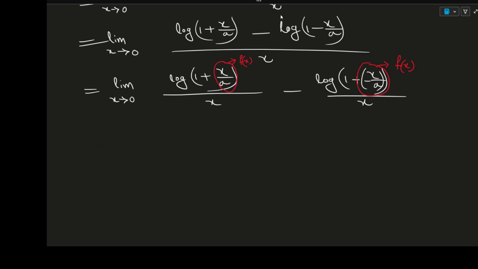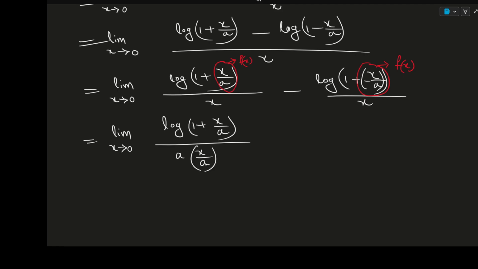So what I will do: limit x tends to 0, log 1 plus x by a divided by, here I will multiply by a and divide by a, so it will be x by a. And when x tends to 0, x by a also tends to 0.